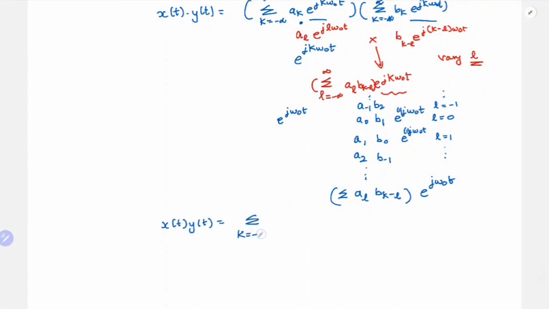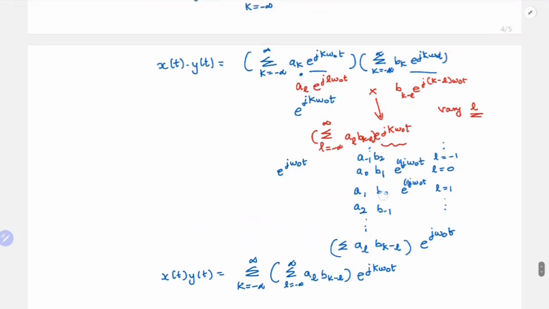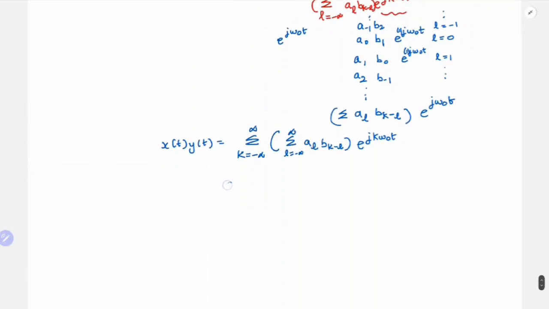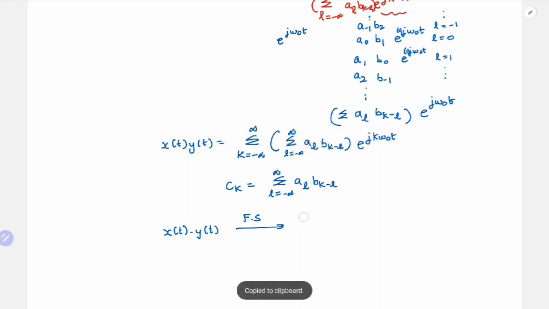Summation k equal to minus infinity to infinity, summation L equal to minus infinity to infinity, al b k minus l e power jk omega naught t. But this is our exact expression for Ck, right? So our Ck is nothing but summation L equal to minus infinity to infinity al b k minus l. So x of t into y of t has Fourier series coefficients of this summation.